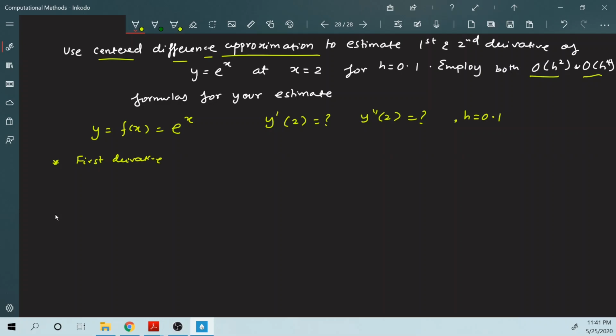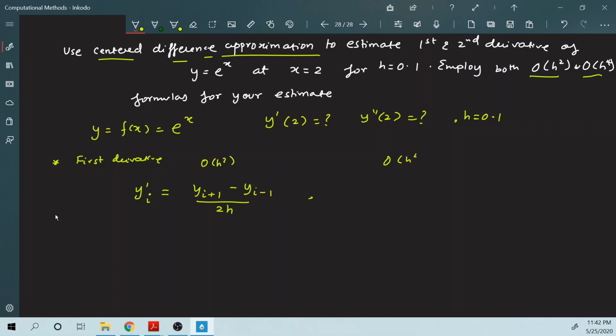So what is the formula for central difference scheme for first derivative with second order approximation? This is the formula. Okay, and this is for h square.